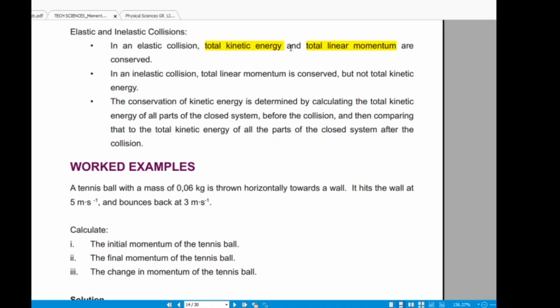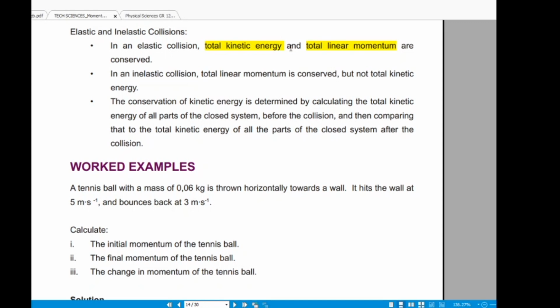So lokhu kuchaza ukuthi in an elastic collision, both the total kinetic energy and total linear momentum are conserved.